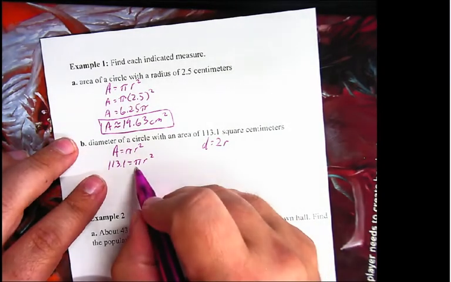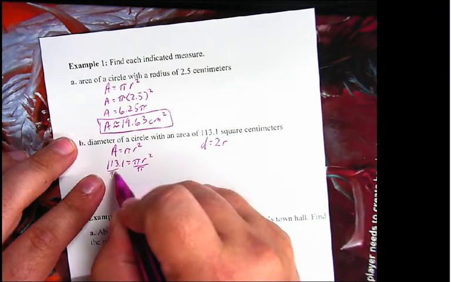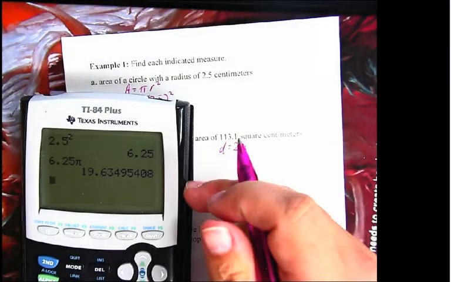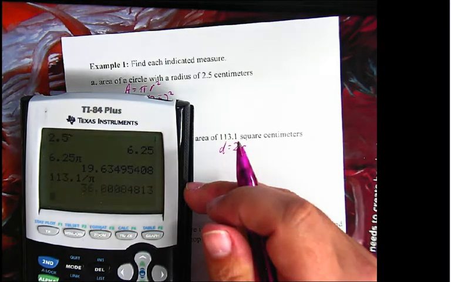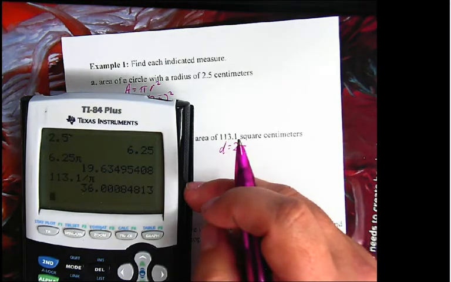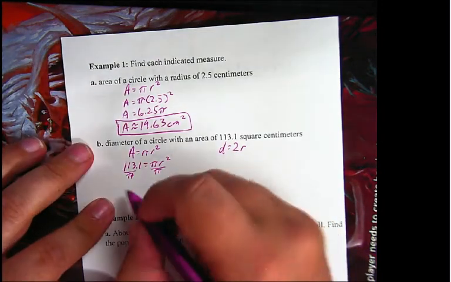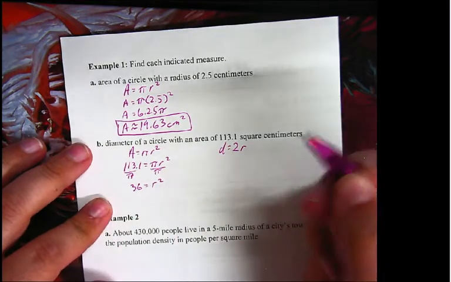First thing we need to do, get that r by itself, so we're going to divide by pi. And so, what do we got here? 113.1 divided by pi is pretty close there, so approximately 36. Alright, so 36 equals r squared.